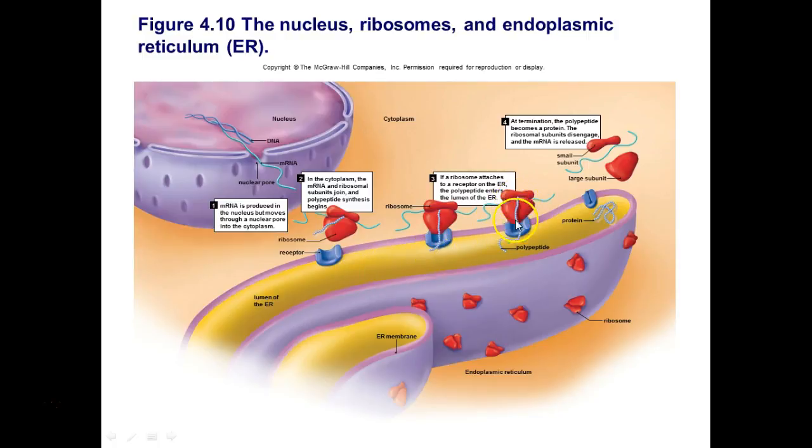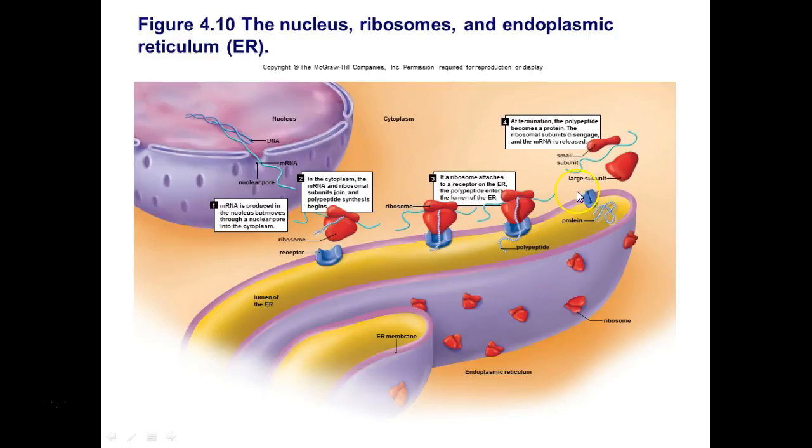There's that polypeptide. The polypeptide is oozed out of here, and then it folds up. As you learn, proteins in their tertiary structure fold up in their native conformation or normal shape. So this protein now is going to move through the lumen of the endoplasmic reticulum, and modifications are going to happen to it.